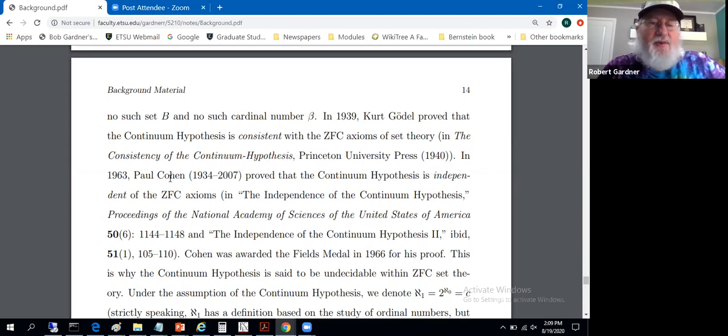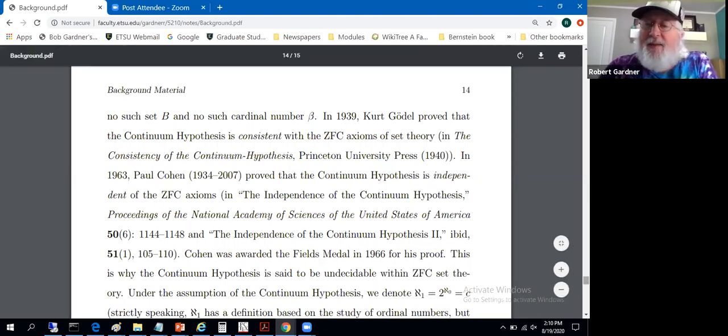In 1963, Paul Cohen proved the continuum hypothesis is independent of the ZFC axioms. There's your reference on that. What that means is he can't prove it either. So it's neither provable nor disprovable. It's undecidable under the ZFC axioms of set theory.